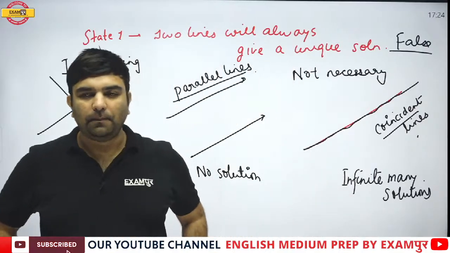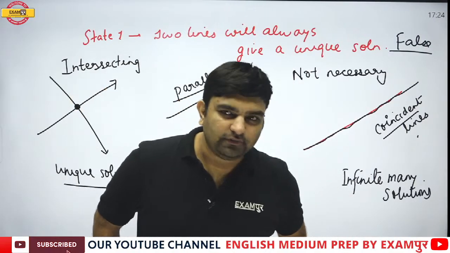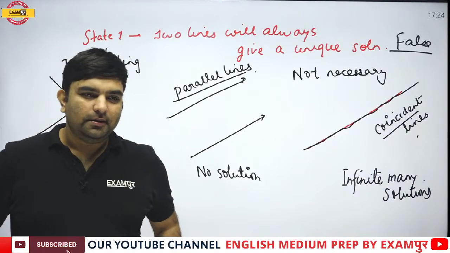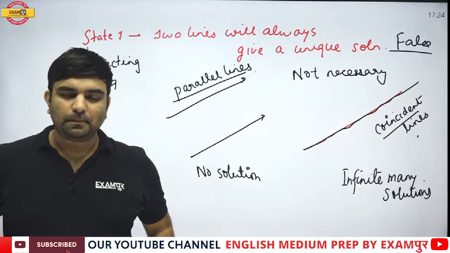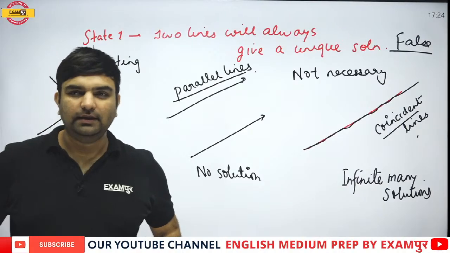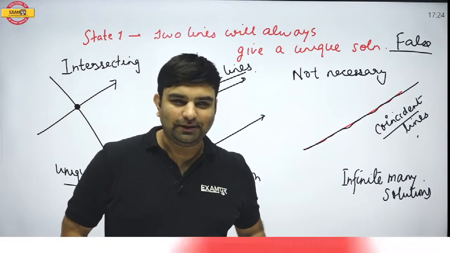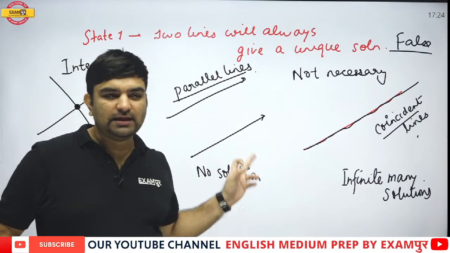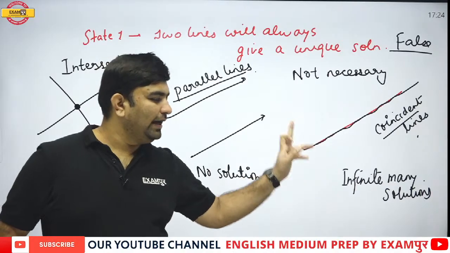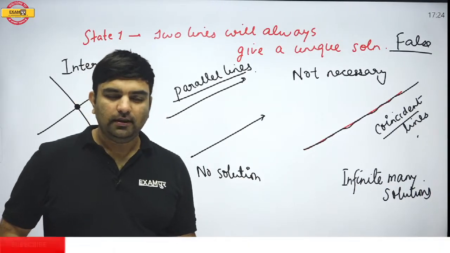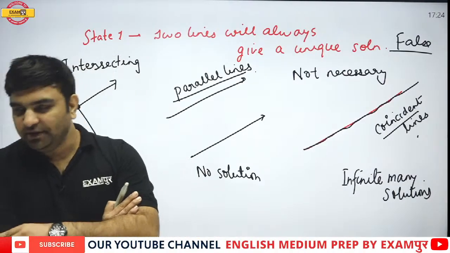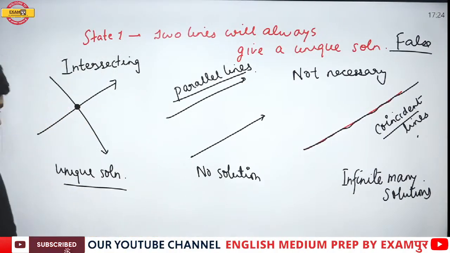When lines are parallel to each other, there is no solution, and for coincident lines, infinitely many solutions. Mathematically, I will tell you that. Now let's derive their conditions.